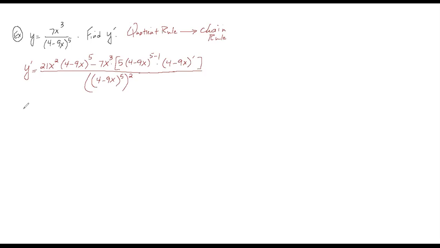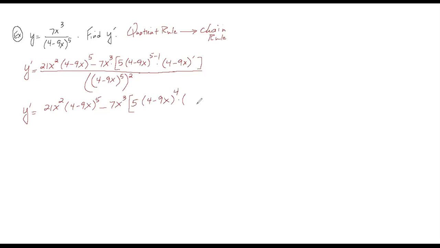All right, so let's do this simplifying part now. So it's 21x squared, 4 minus 9x to the 5th, minus 7x cubed. In the bracket, you get 5, 4 minus 9x to the 4th.